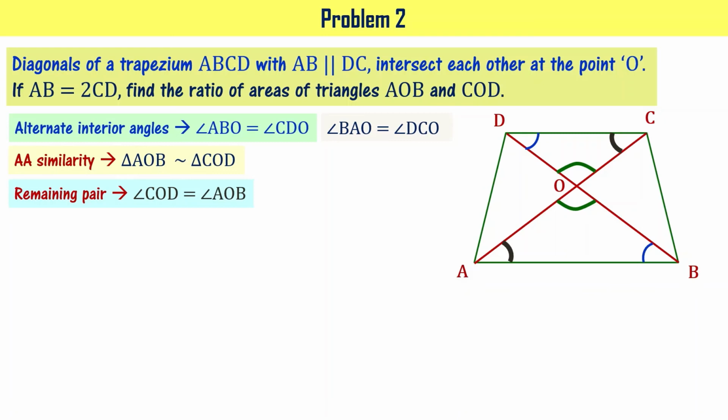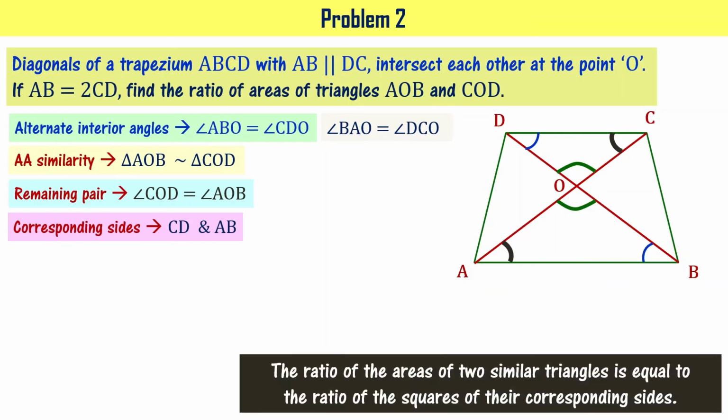Now what I'm doing is I'm trying to see what are the corresponding sides with respect to these two angles. You see, if I take the opposite sides of these two angles, I get CD and AB as the sides, right? It means those are the corresponding sides with respect to these two angles, right? We know that the ratio of areas of two similar triangles is equal to the ratio of the squares of the corresponding sides, right?